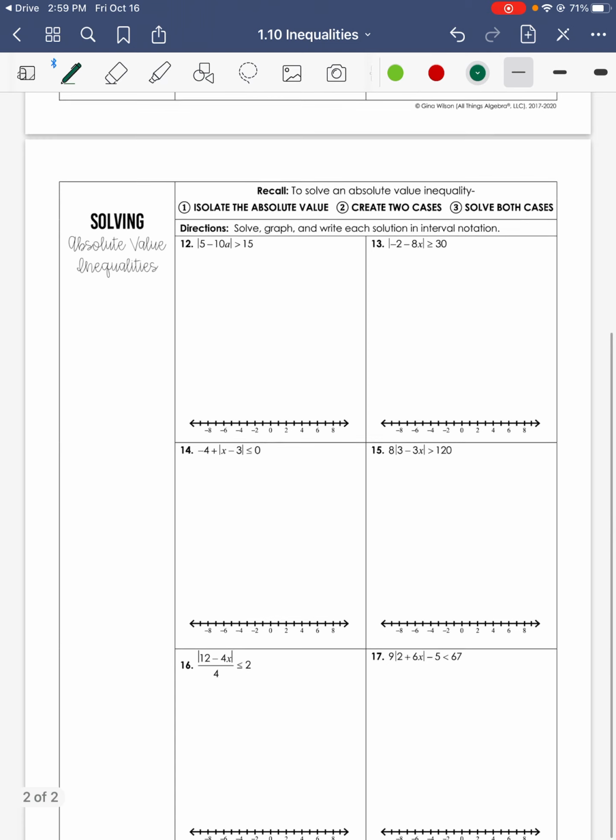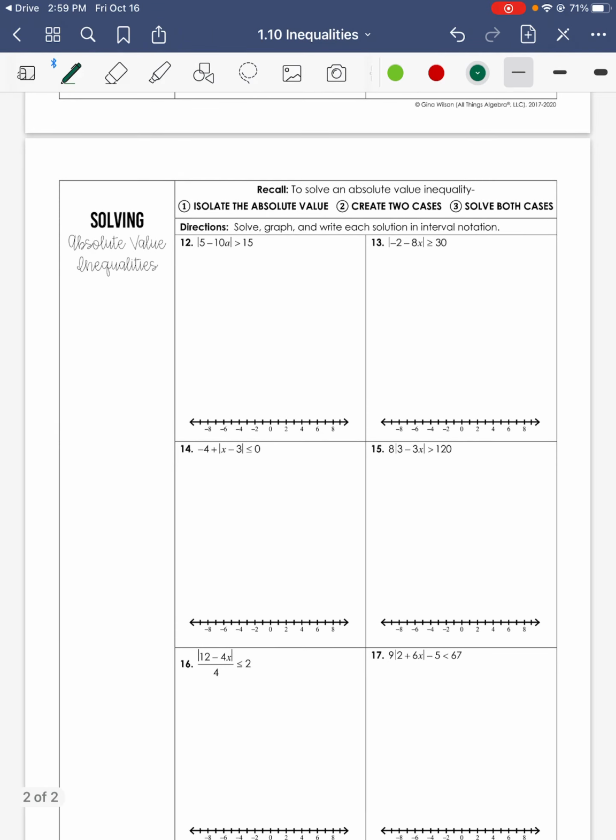All right, so let's move on to solving absolute value inequalities. Absolute value inequalities are a special type of inequality because they're always going to be a compound inequality, okay? So depending on which way the sign is facing, that's going to determine whether it's going to be an and compound inequality or an or compound inequality.